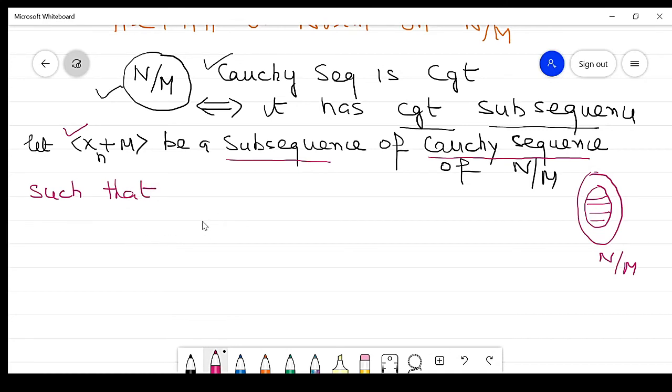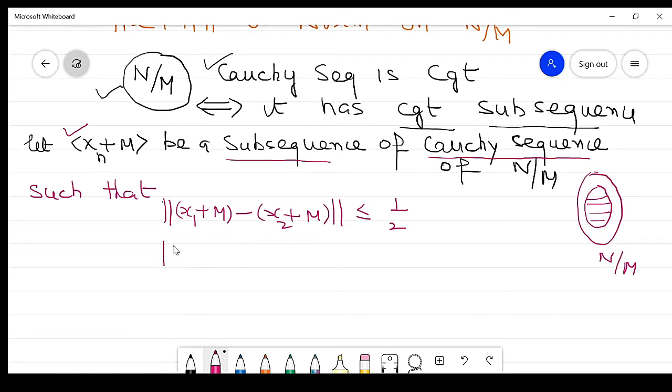These properties are: number 1, the norm of x1 plus M minus x2 plus M should be less than or equal to 1 by 2. So the difference of the first vector and the second vector has norm less than 1 by 2, and this is possible because we define a subsequence of a Cauchy sequence.